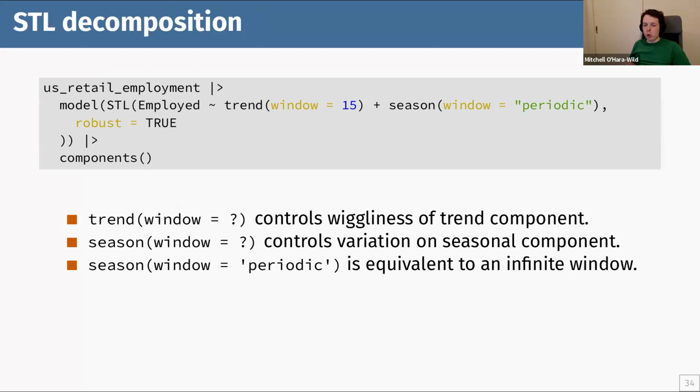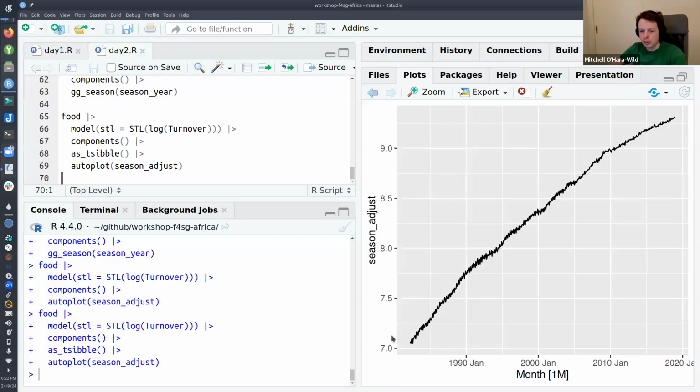Okay, there was a question before about the window. Now, the window controls how much data is in each of the localized regression models. A big window, like infinite, or periodic is another word for that, is making sure that the seasonality does not change over time.